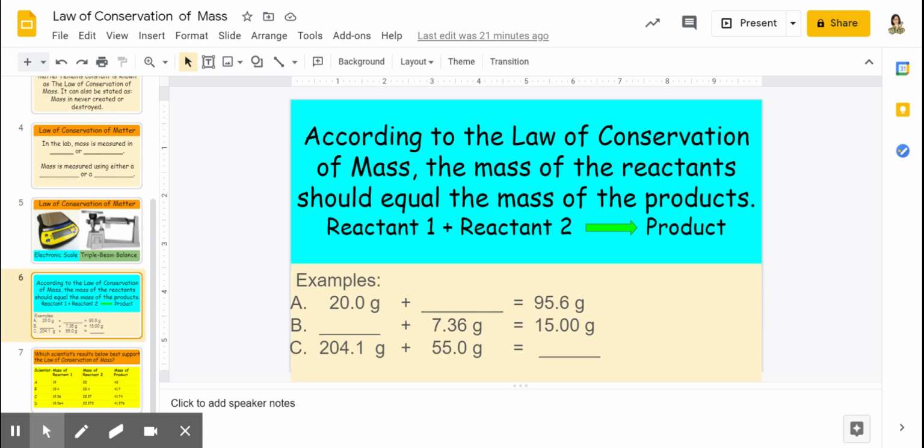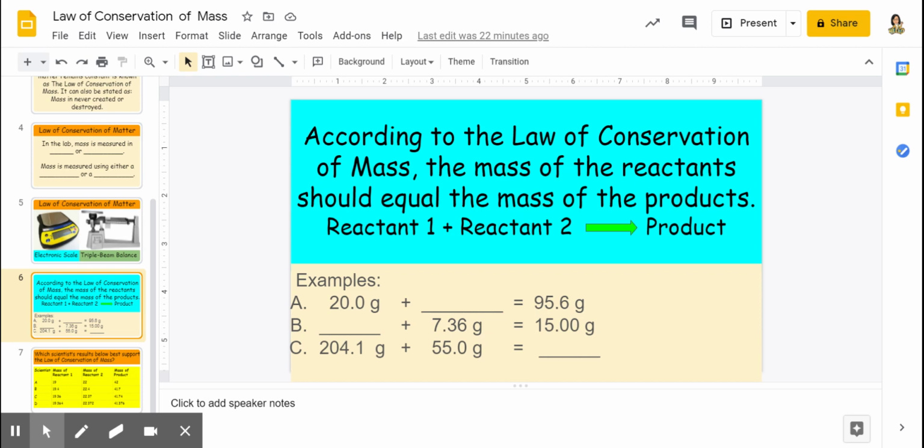You can encounter word problems in the assessment, but the concept that goes with it is the same. And what is the concept? That the mass of the reactants should always equal the mass of the products. Does it only apply to two reactants and one product?